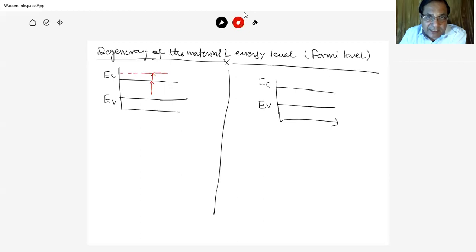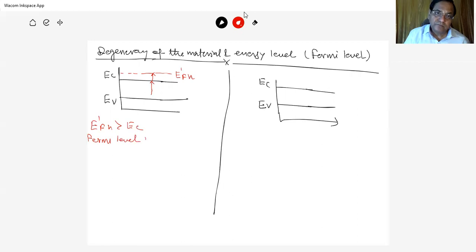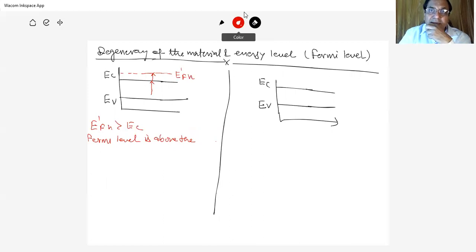And if this will be the case, that is Ef' n, it means the Fermi level is above the conduction band, that is Ef' n is greater than Ec. The Fermi level is above the Ec.